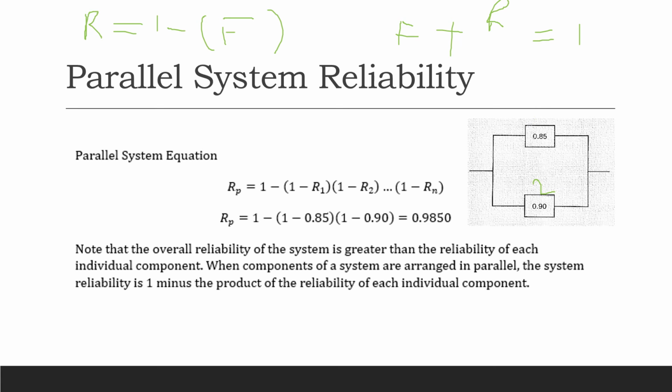In English, it's easy to say it, but when you write it down in a mathematical expression, it's a different thing. In English, we say when components of a system are arranged in parallel, the word arranged in parallel is automatically understood this way. So we just write the system reliability is 1 minus the product of reliability of each individual component.